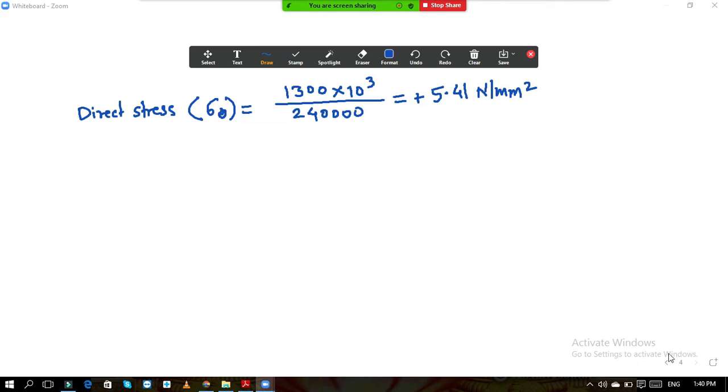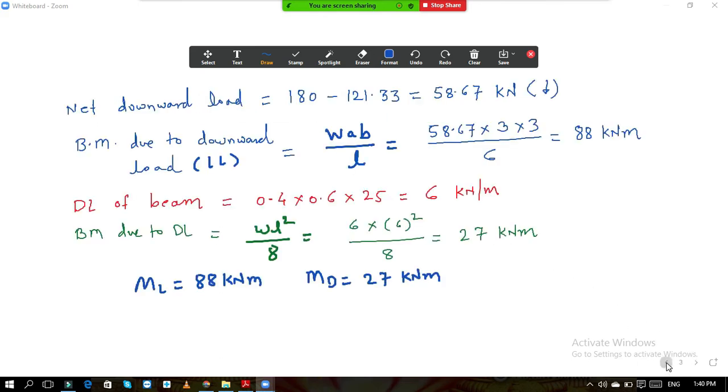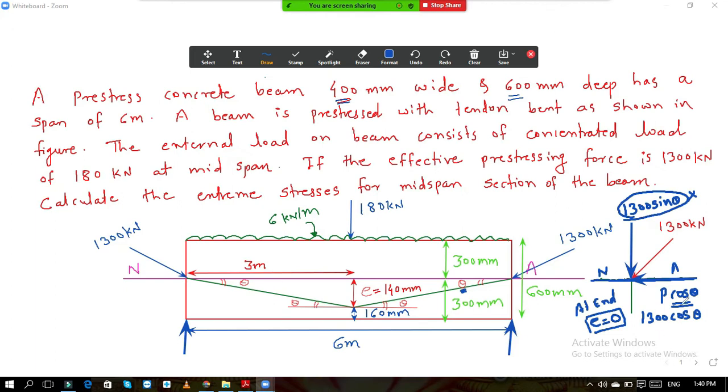Actually, while calculating the direct stress, if you see carefully, this is our diagram. If I draw the cross section, suppose this dimension is 400 and this is 600.